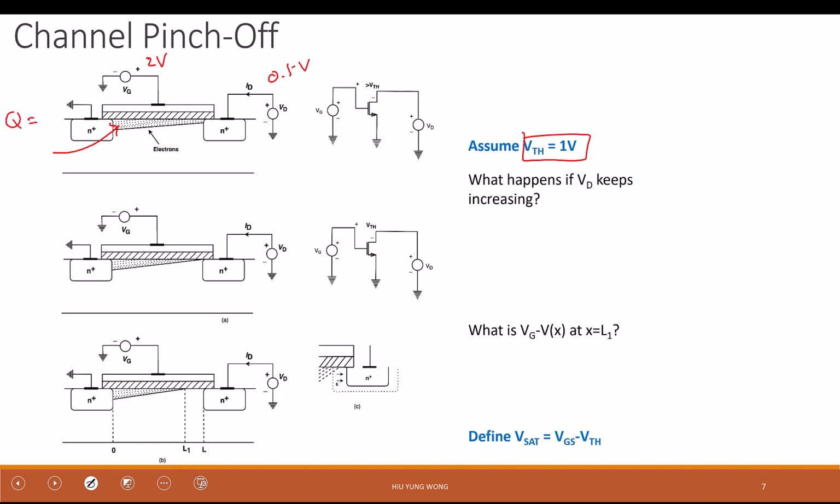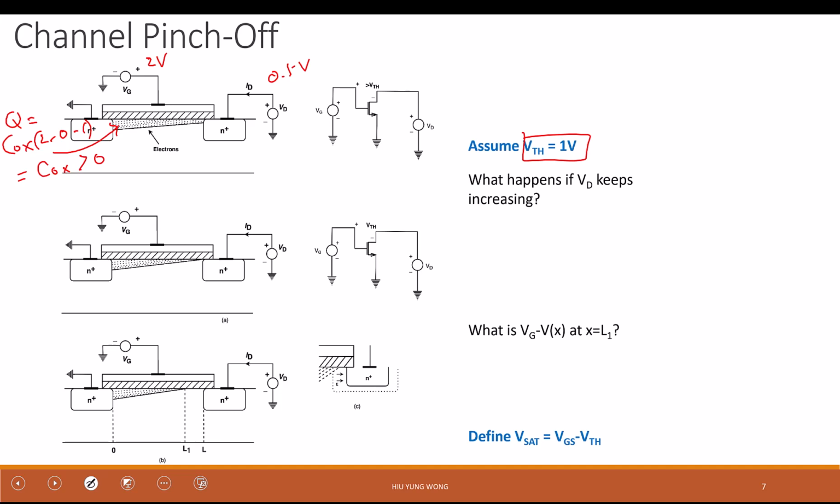That is the mobile charge, which is the capacitance times the gate voltage minus the channel potential and then minus the threshold voltage, which is C ox times 1. The point I want to say is that I do have charge induced.